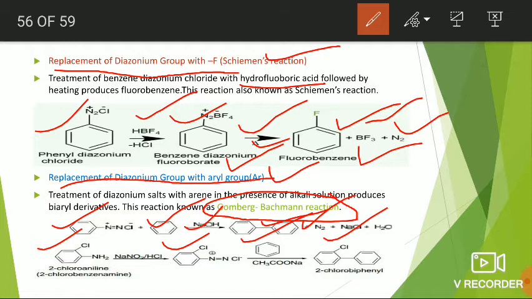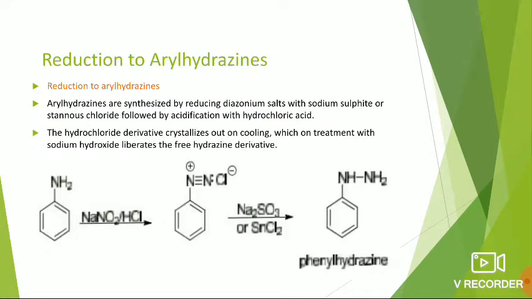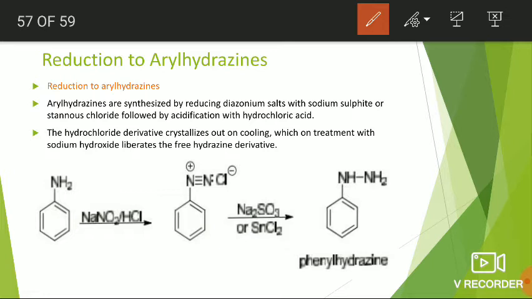It is substitution of aryl group. That is an example of the Gomberg-Bachmann reaction. Okay, fine. Next, reduction of diazonium salts to form aryl hydrazines.